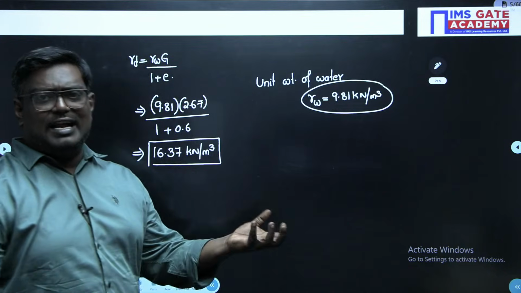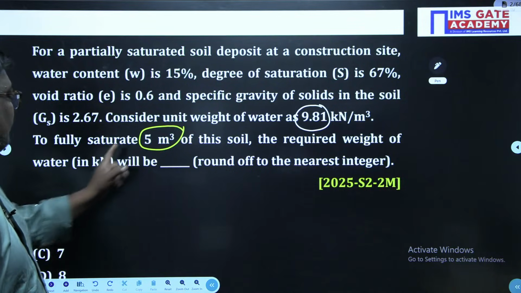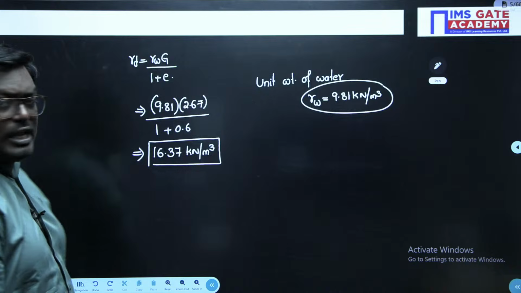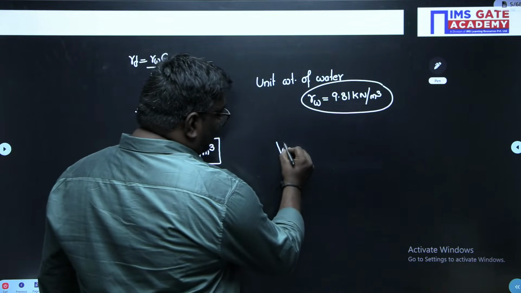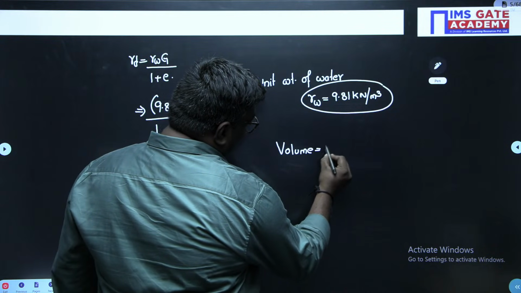After finding the dry density, they have clearly given that it is for 5 meter cube of soil. So, the volume is also given. The volume is equal to 5 meter cube.